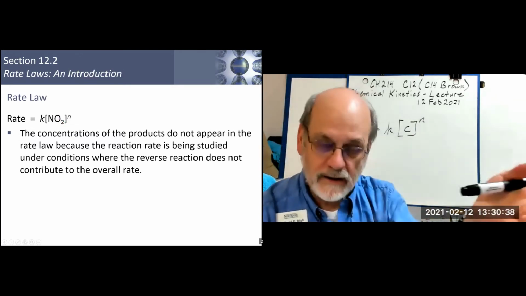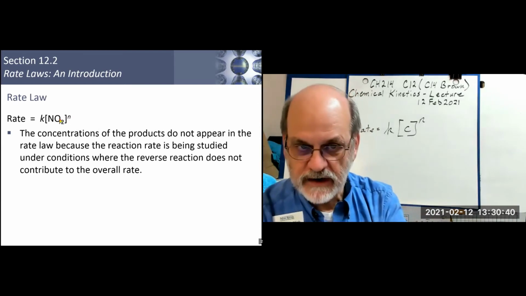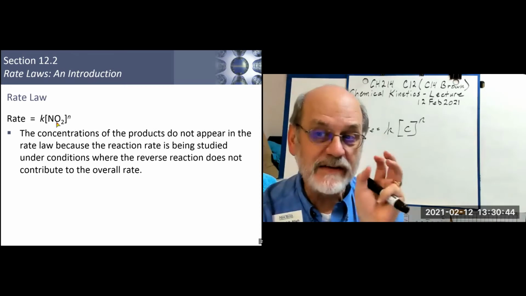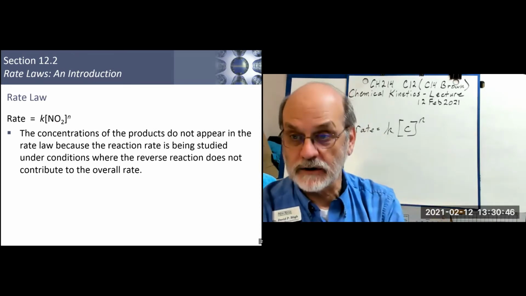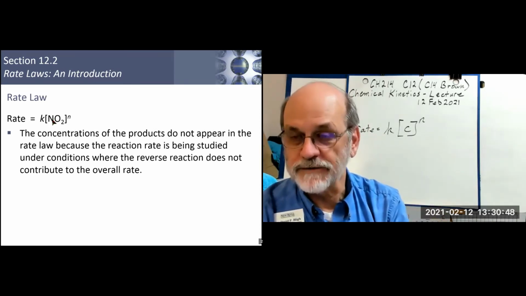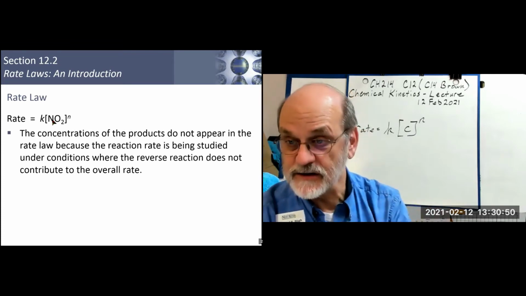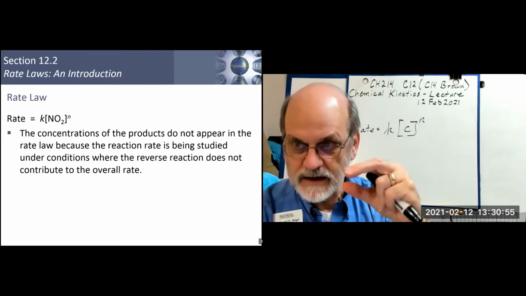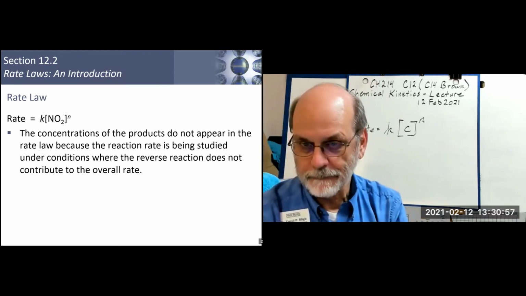Or we can go the other way. We can put in the concentration of NO2 and find out what's the rate when the concentration of NO2 is such and such amount. So there we can find out what that instantaneous rate is at that particular point where the concentration is a fixed number.